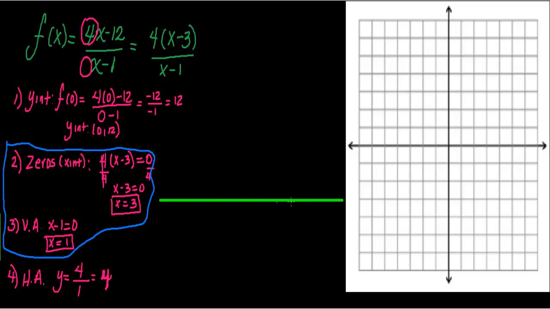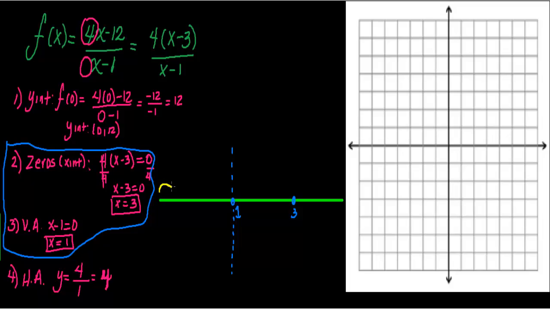So I only have one zero. Let's say x equal to 3. Let's say it's right here. And I have a vertical asymptote at x equal to 1. So here's a wall at x equal 1. And notice that these 2 points, which are critical points, they divide this number line into 3 different intervals.